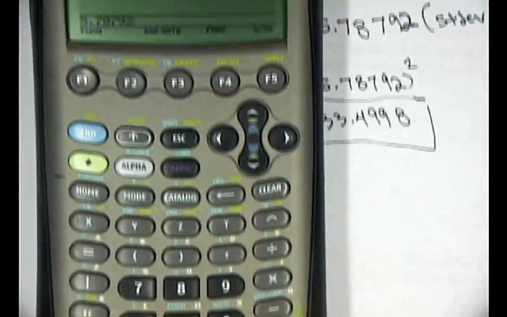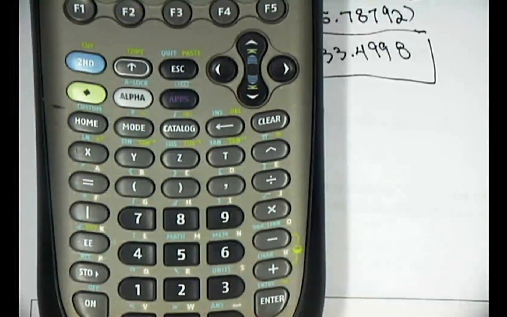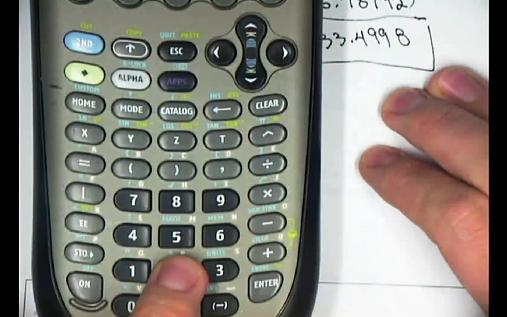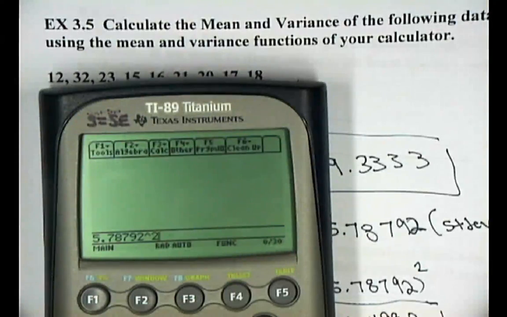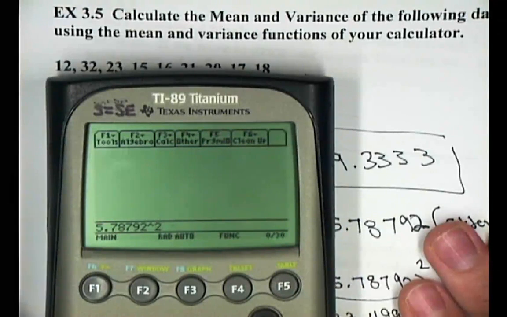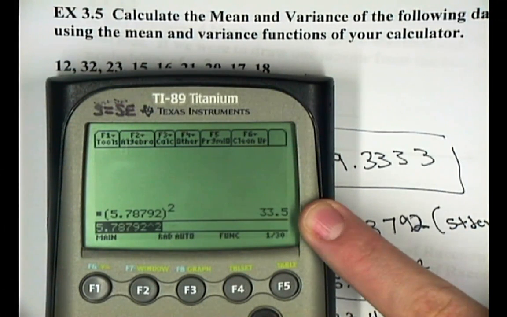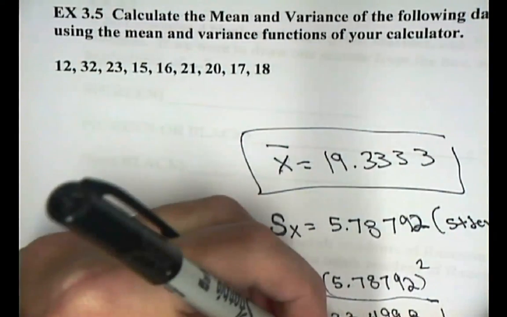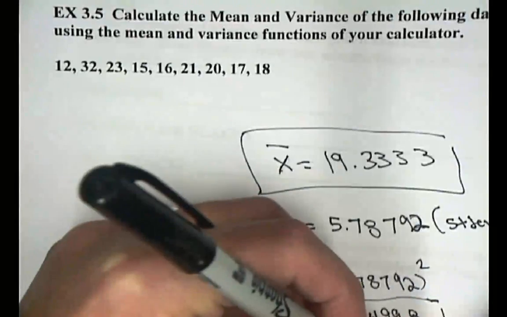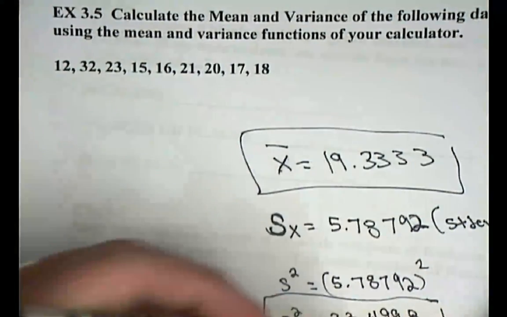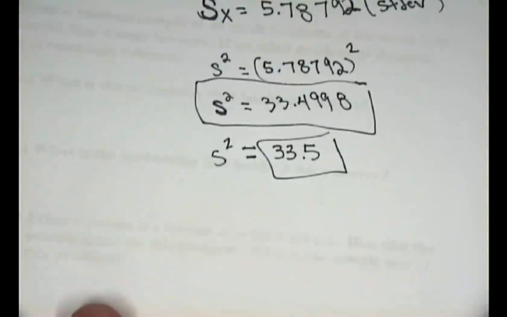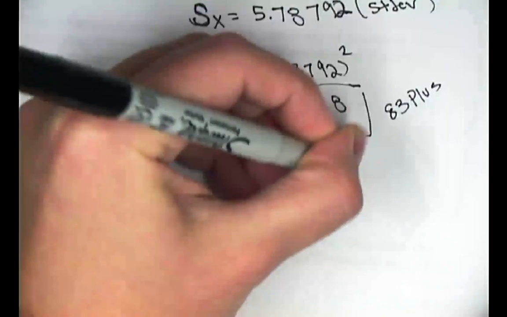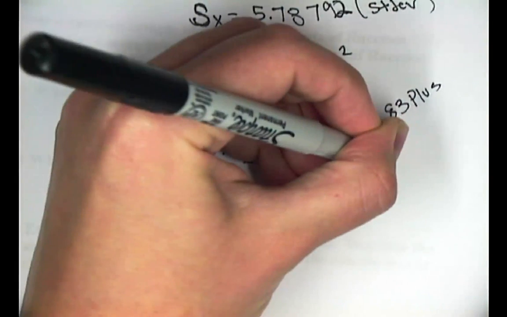Now with our calculators, we don't have a quick squared key like the 83, 84s, but we do have a caret key, so I'm going to press the caret key, the 2 key, and as you can see, that's made an exponent of 2. I'm going to hit enter, and 33.5 is the variance, s squared. This was for the 83 Plus, this is for the 89 Titanium.